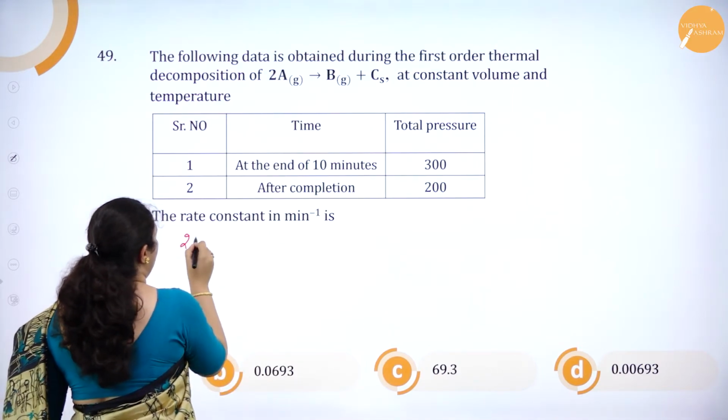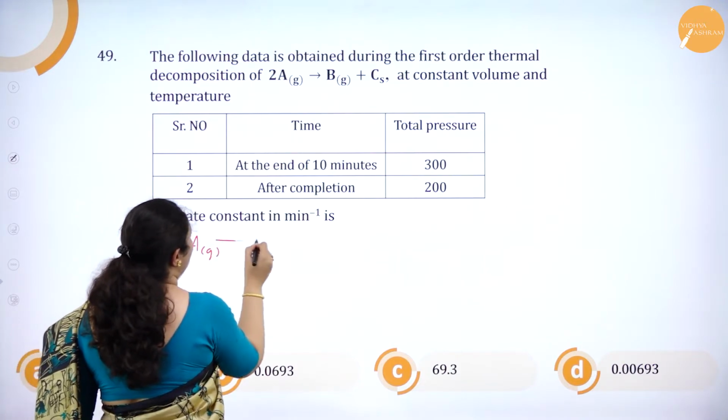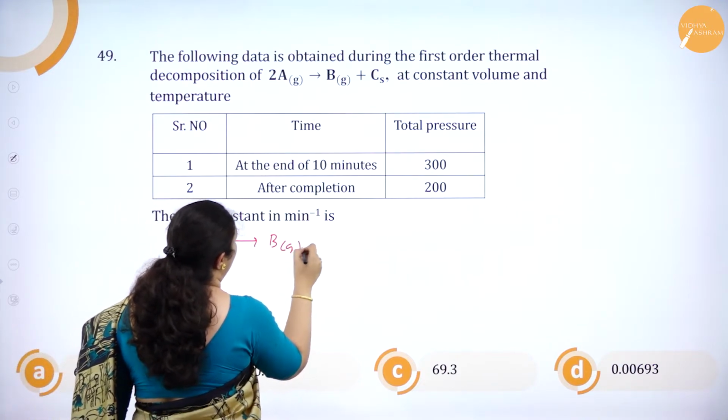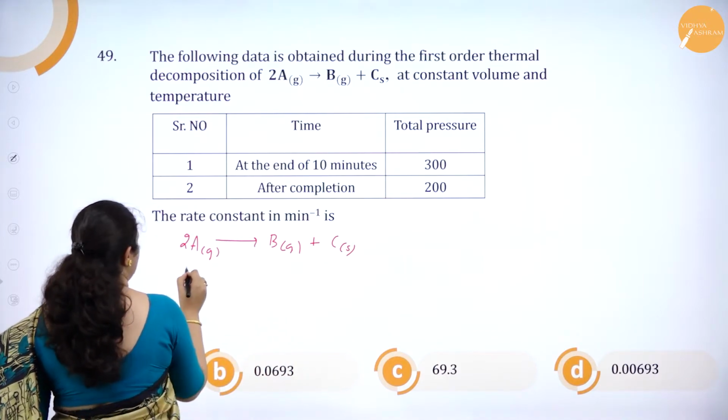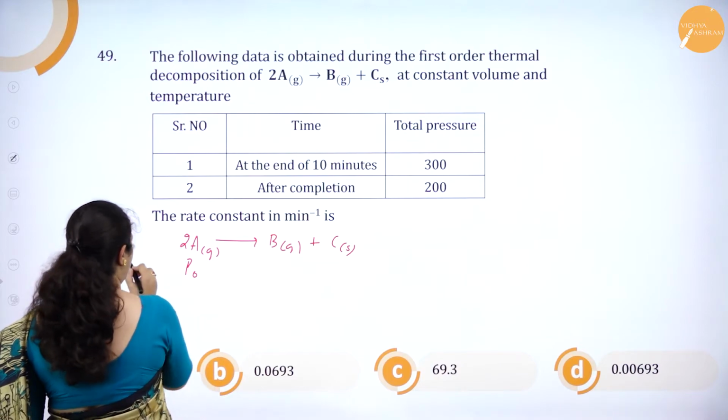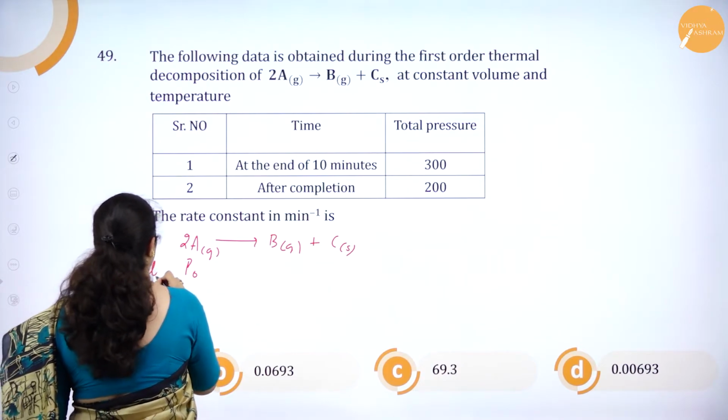First, we'll take the equation 2A gas giving B gas plus C solid. Initial pressure, I'll consider it as P naught.